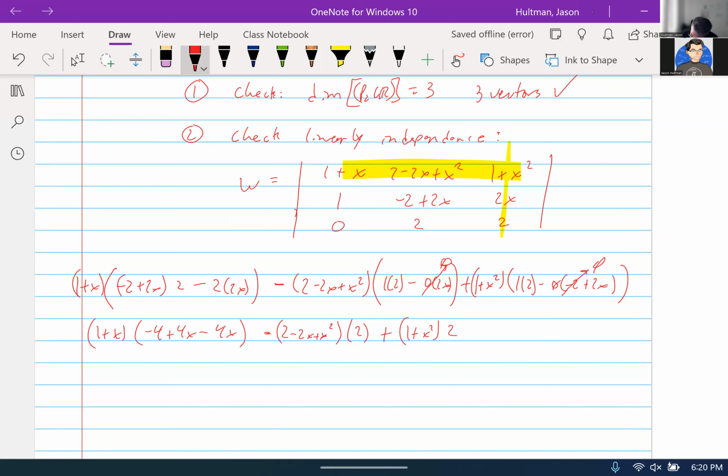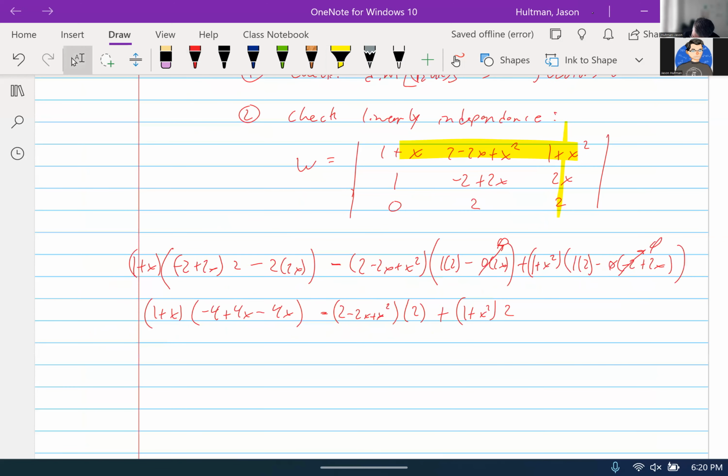Okay, and so we're going to distribute. I get -4 plus 4x minus 4x. Well, you know what? I'm going to simplify first because I don't have to distribute.